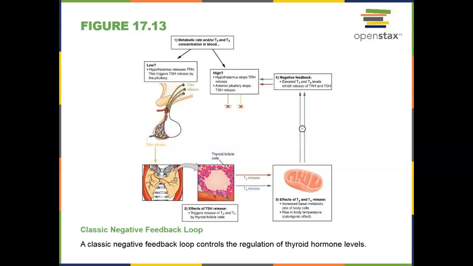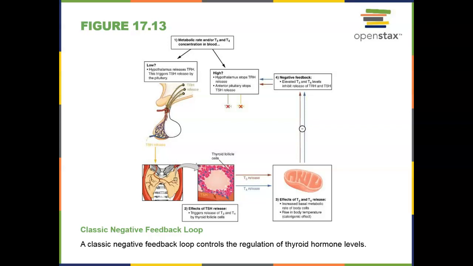Metabolic thyroid hormone is controlled via negative feedback. So if we have low thyroid hormone levels in our body, then our hypothalamus releases thyroid releasing hormone. Thyroid releasing hormone stimulates the anterior pituitary to release thyroid stimulating hormone. Thyroid stimulating hormone stimulates the thyroid gland to release thyroid hormone.